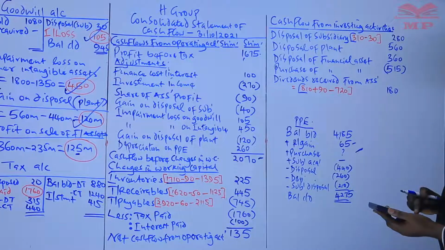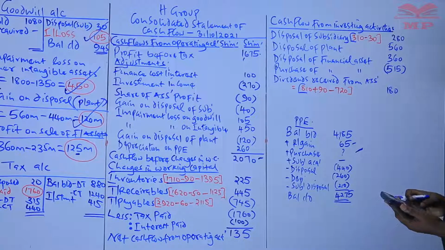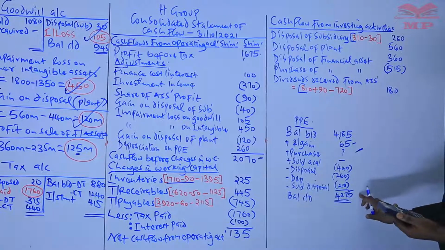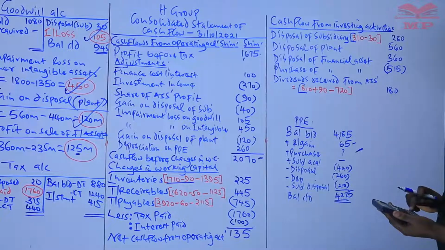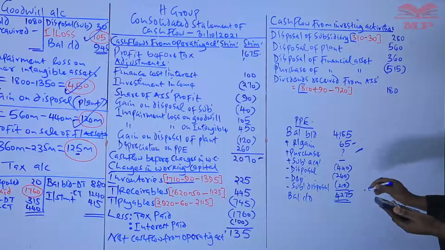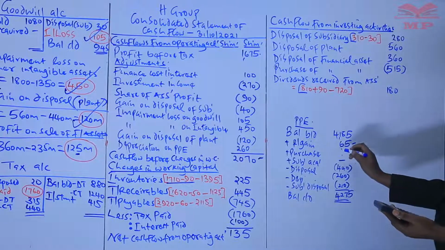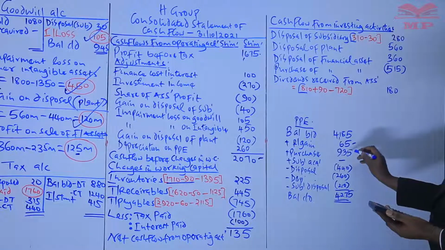So we take 4185 plus 65 minus 440 minus 260 minus 210. Is that giving us 4275? No. There is a difference of 935.